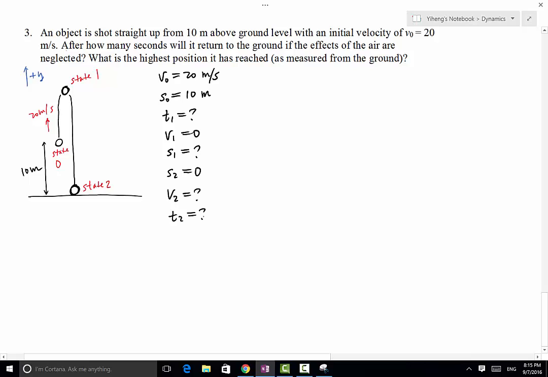But there's one more piece of information that we do know, which is the acceleration. Because we only consider gravity, we have constant acceleration. a_c simply equals g. On Earth, it is about 9.81 meters per second squared. However, if you noticed, I have chosen upwards to be my positive direction.